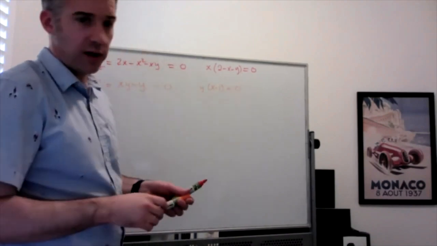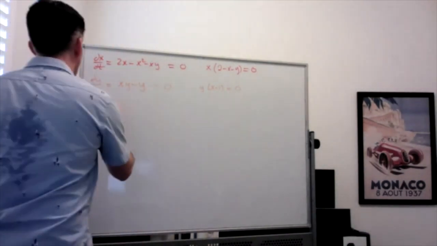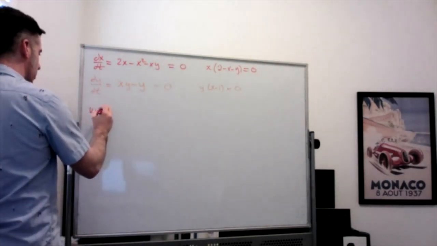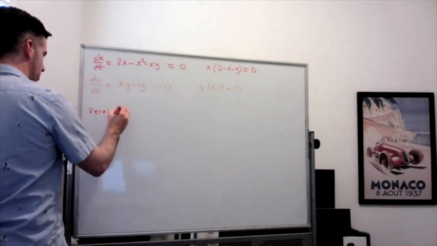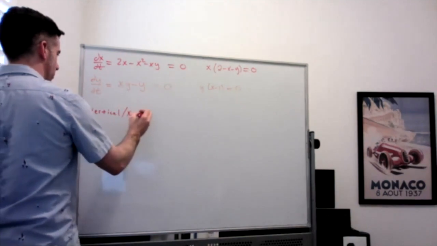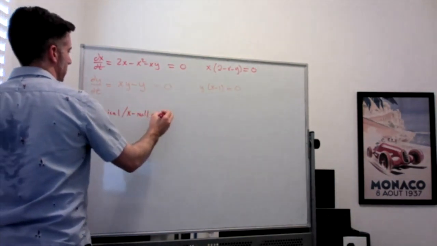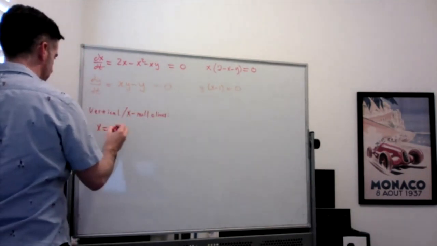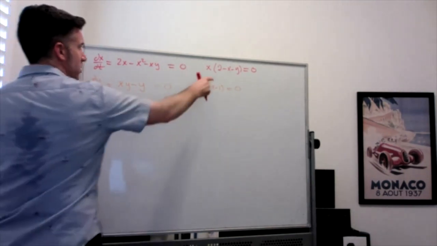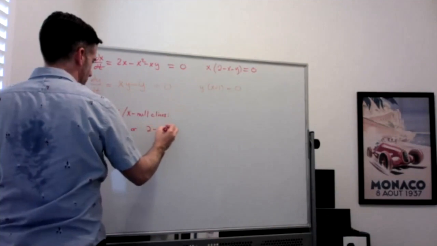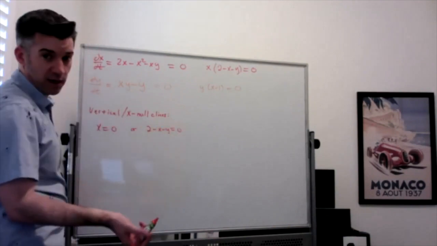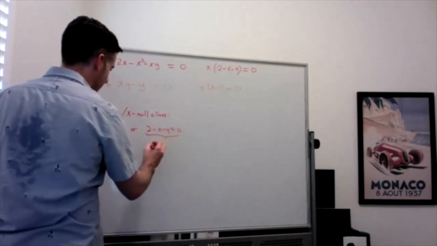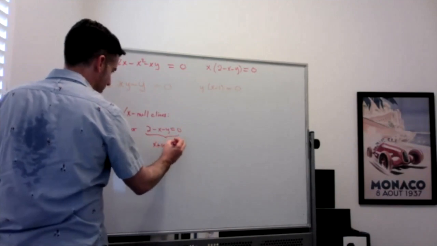So I have a few nullclines. My vertical or x nullclines are going to be where x is equal to 0, or where 2 minus x minus y equals 0, which I might reimagine as x plus y equal to 2.